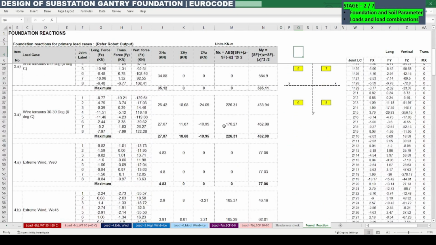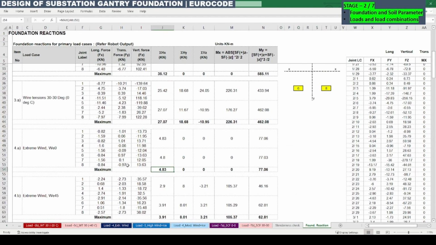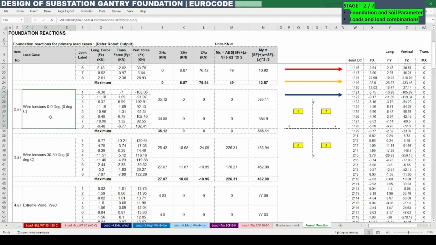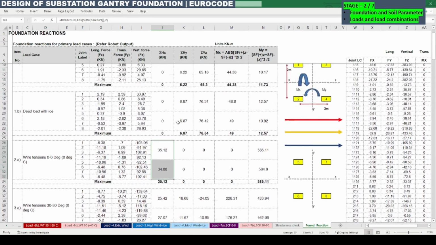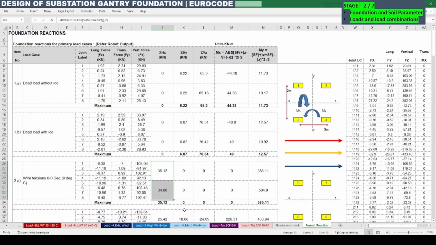Now the calculation is done for the foundation forces. You can check here also, the wire tension is acting in the x direction. While it is acting only in the x direction, there won't be any forces in the y direction. So you can see here the value is 0, even though the legs have some forces in the transverse direction.